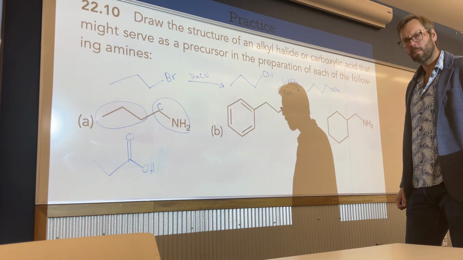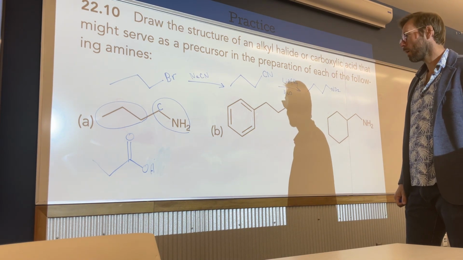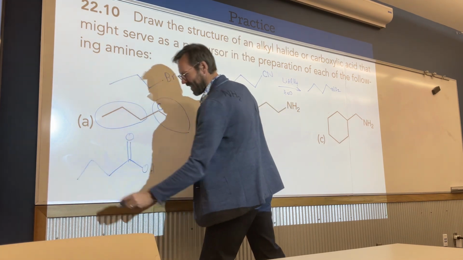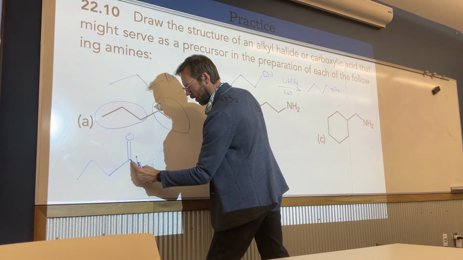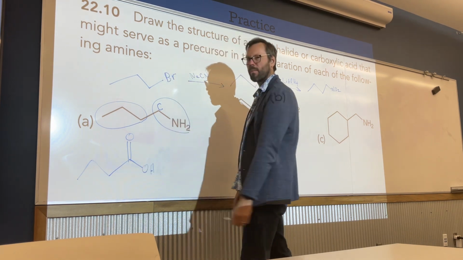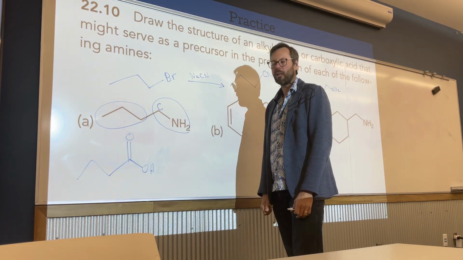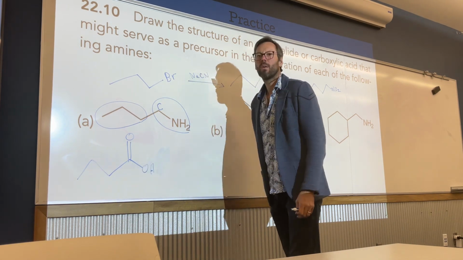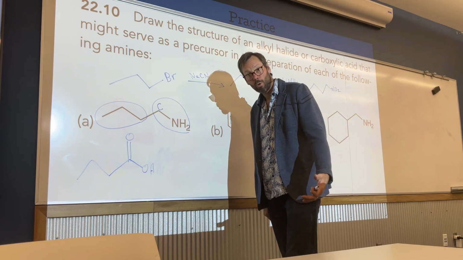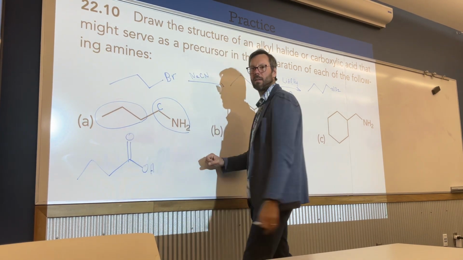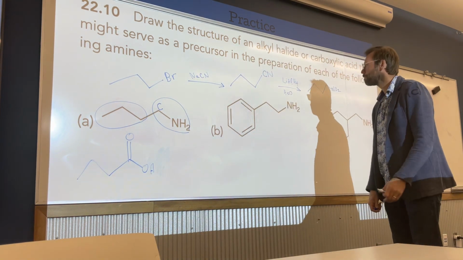Does that look better? I think one more carbon. One more carbon. How many do we? 1, 2, 3, 4. Yeah. Okay. And then we add our thionyl chloride and go from there to just replace this with the amine group, making it an amide, right? And then we reduce that. Yeah, reduce the carbonyl. The carbonyl goes away. Okay.